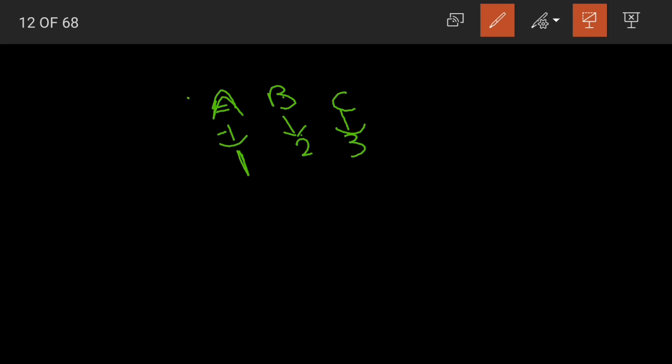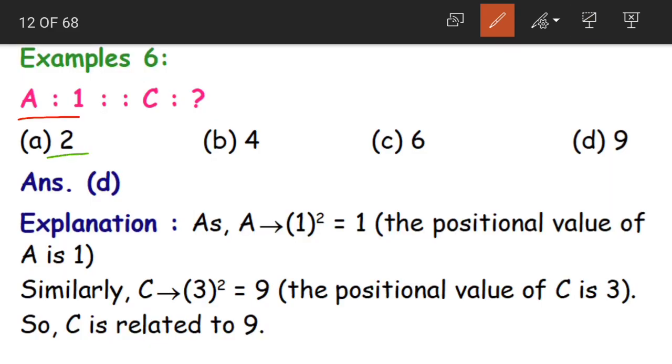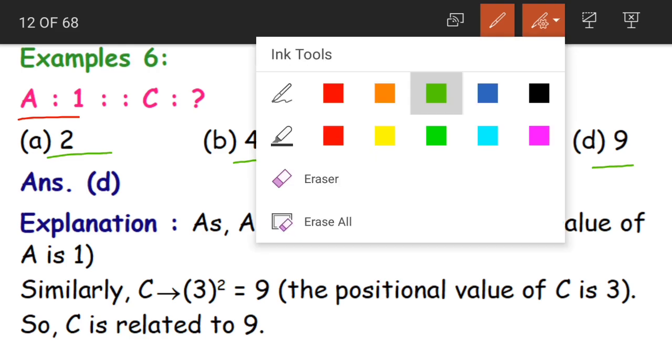Now from the given question you might say that A is the first letter, so it is given 1. In the same way, for C we should write the number 3. But if you look at the options here, can you find 3, children?